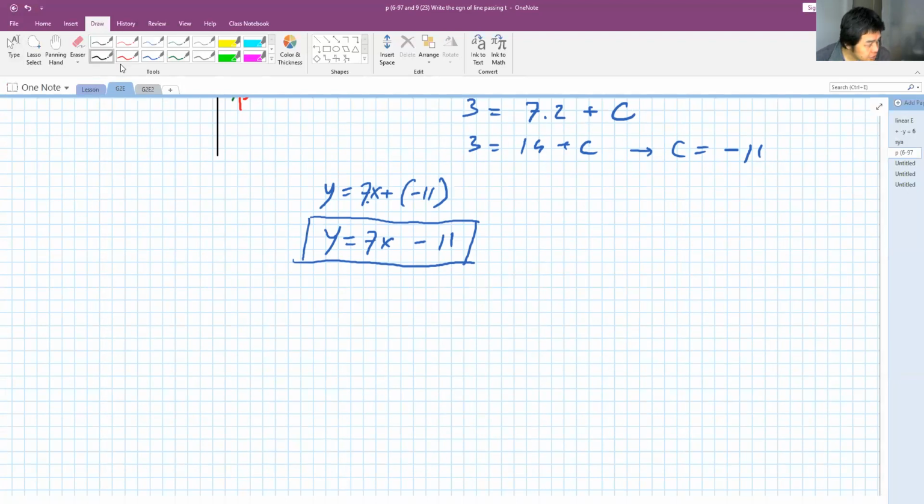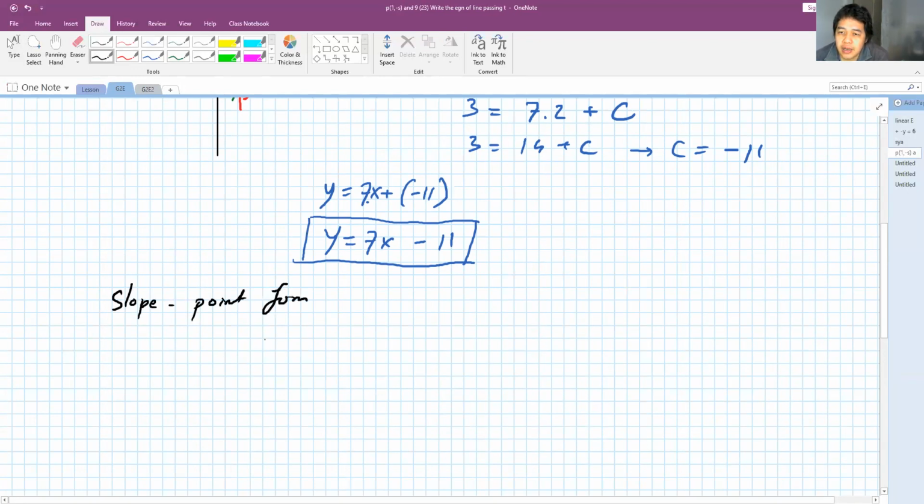So this is called the slope point form. So the form is like this. It looks similar actually. So what happens is we have y minus y1 equals m times x minus x1.